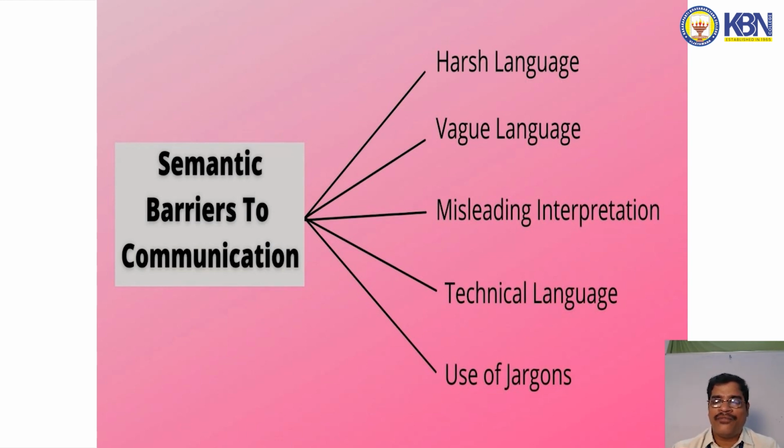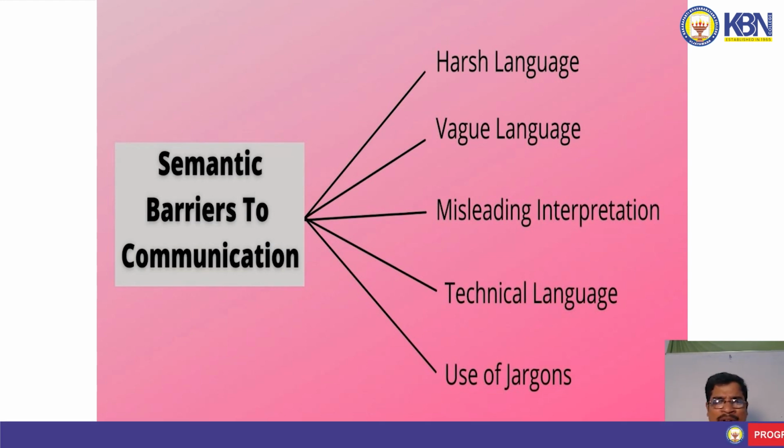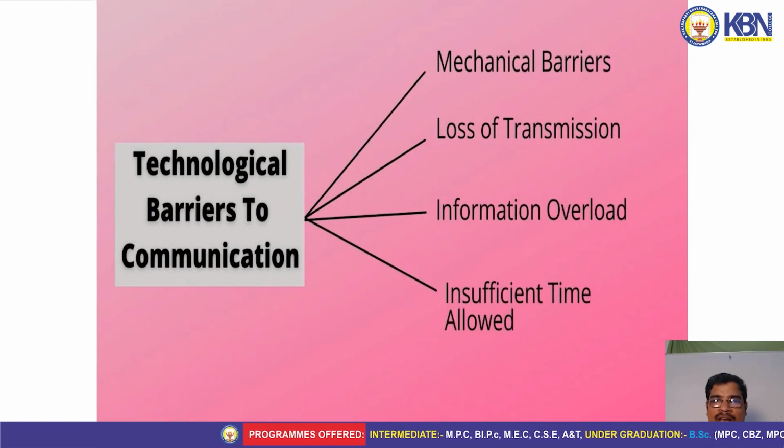If I hear about plant related names or any botanical information, I may not understand, as it is technical language. So that makes me more ineffective. I may not understand it properly. And moreover, use of jargon. So these are the 5 semantic barriers which make me more ineffective.